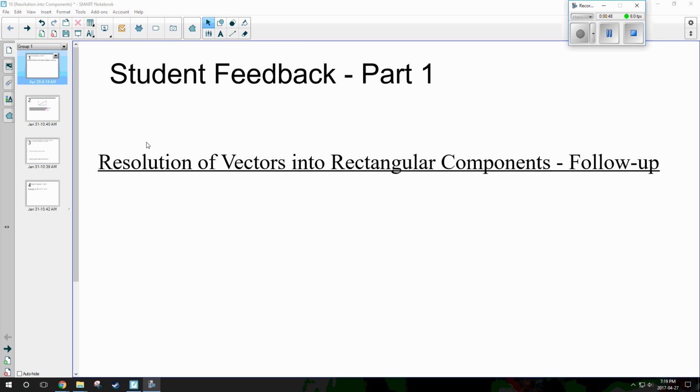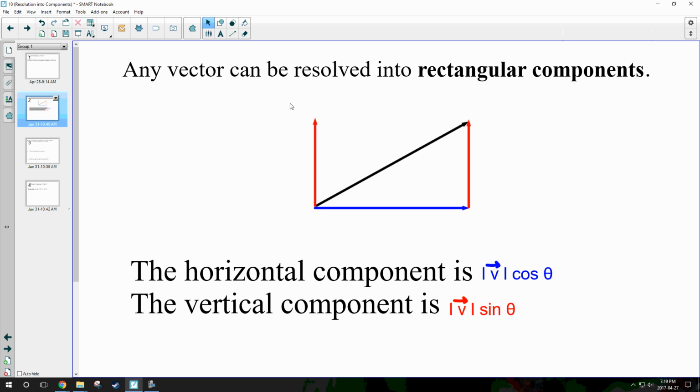So first, as I said, any vector can be resolved into its rectangular components, which is just the two components we talked about yesterday, that horizontal component and the vertical component. The horizontal component ends up down here in the blue.